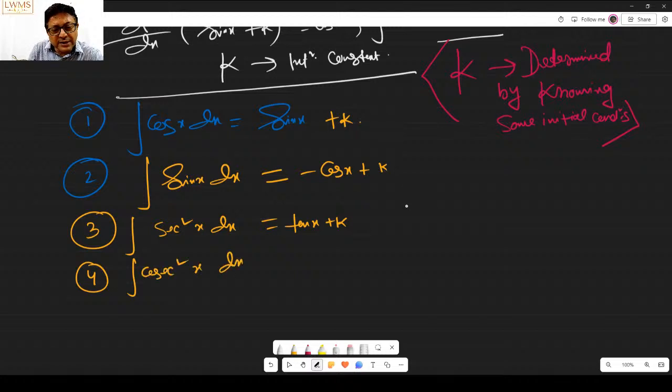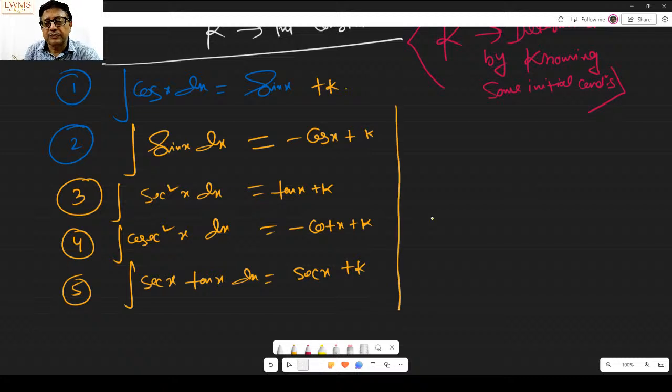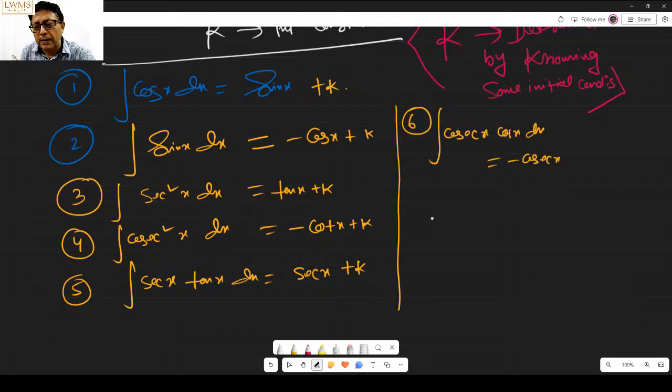Cosec square x dx will be minus cot x plus k, then sec x into tan x dx is sec x plus k, cosec x cot x dx is minus cosec x plus c.